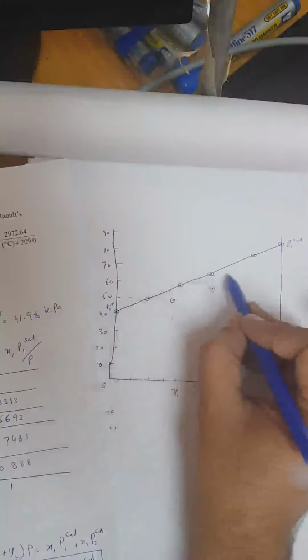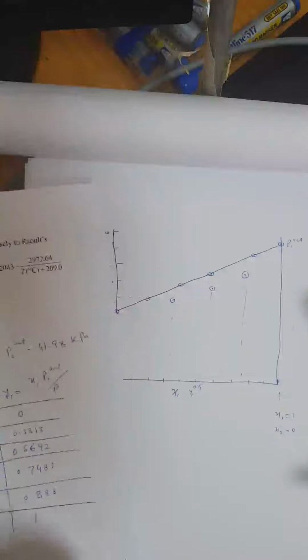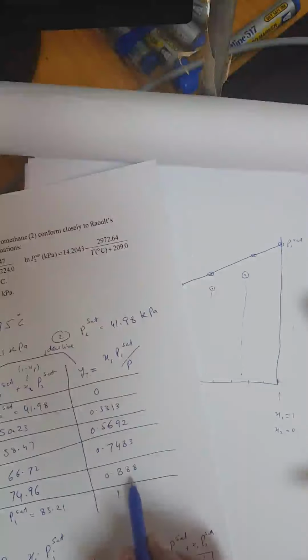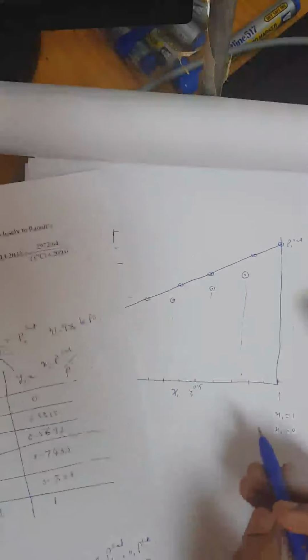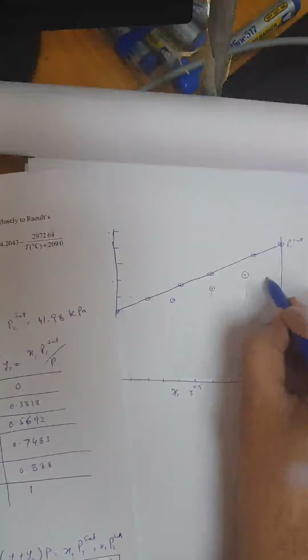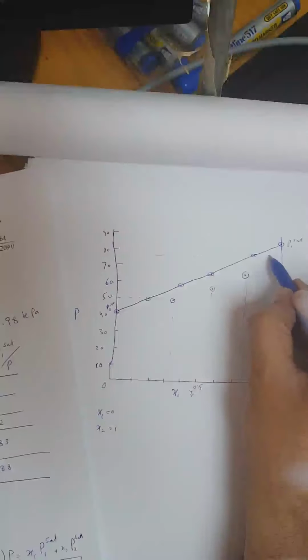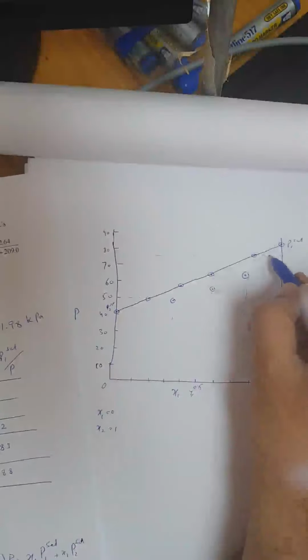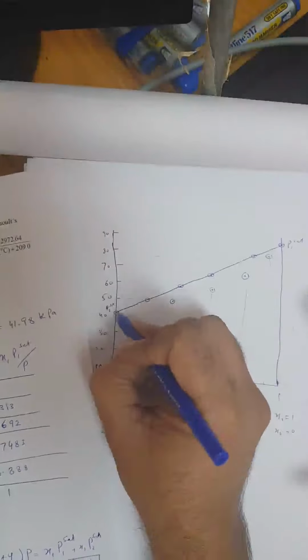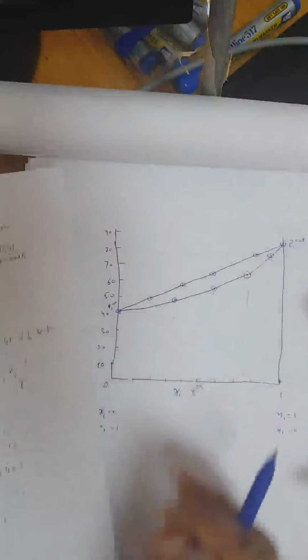Then we have 0.89 or 0.88, 75. 0.9, 0.88, 75, and this is the end. So you can see we are getting a curve like that.